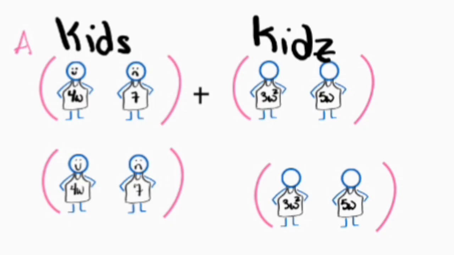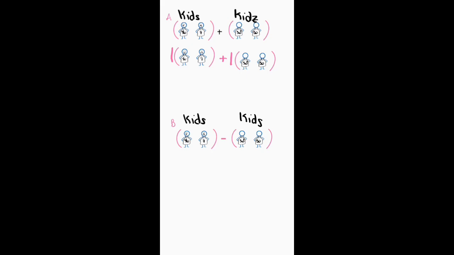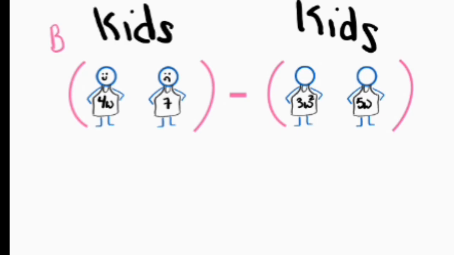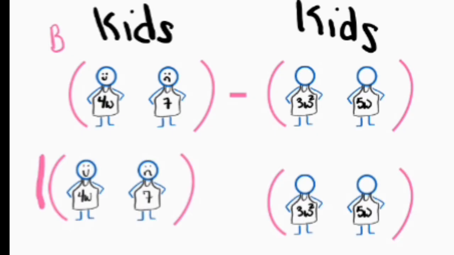See, when you have two kids groups separated by addition, that's easy. The parent is one times everything. This parent is a positive one times everything, so it stays the same. When we have a kids group with a minus sign in between, the one in the front stays the same.